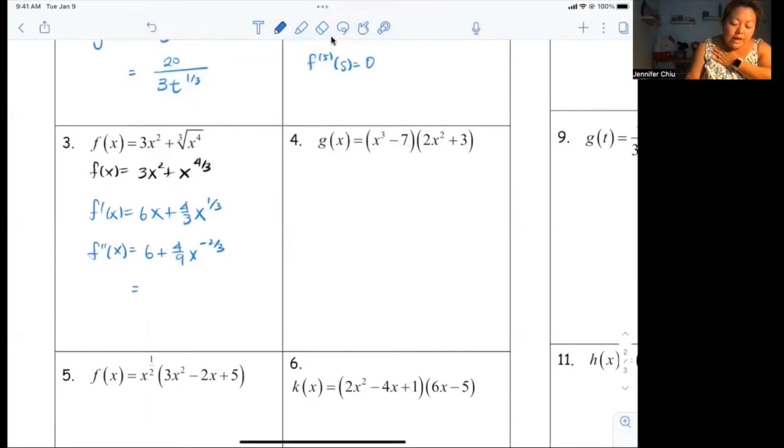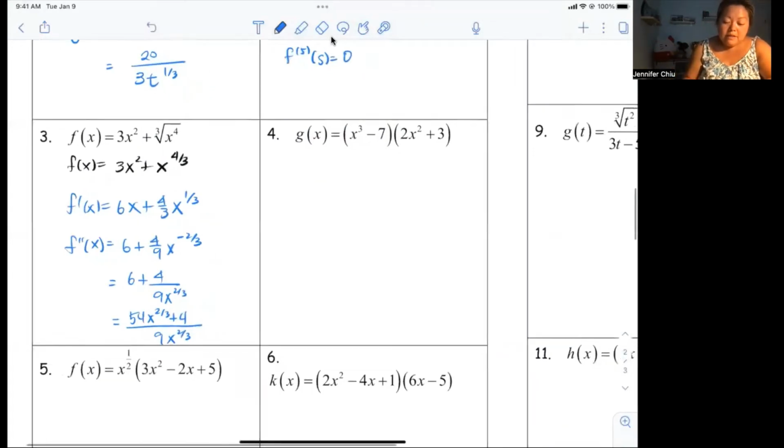So if you rewrite it as 6 plus 4 over 9x to 2/3, okay, you write this as a single fraction, you get 54x to 2/3 plus 4 all over 9x to 2/3, right? Again, it doesn't look like I'm simplifying this, I agree, but this is very helpful when we are applying this to the applications of derivatives, okay?